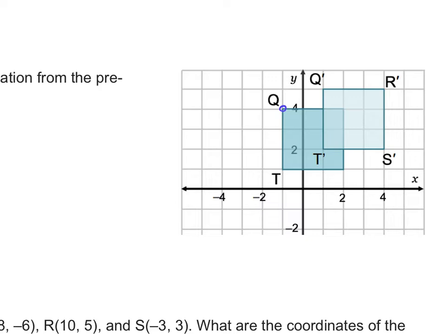The X value has gone from negative 1 to 1, so we went plus 2, and my Y value has gone from 4 up to 5, so it went plus 1.